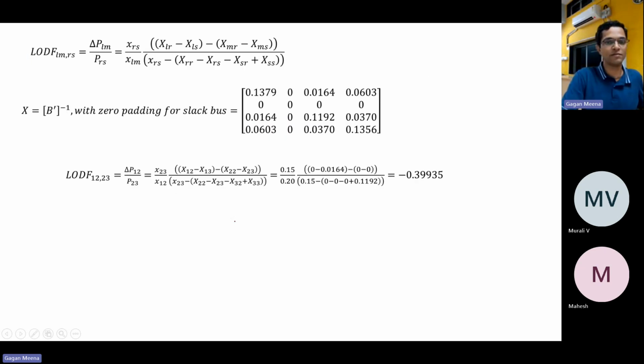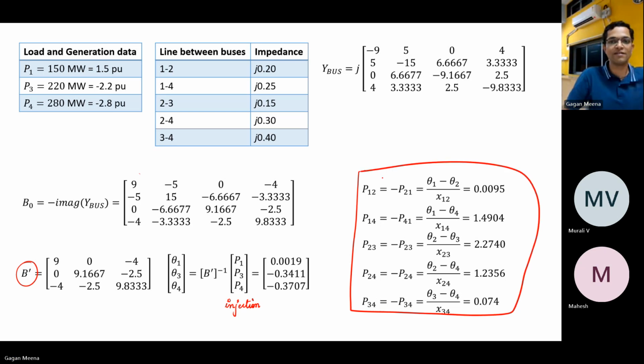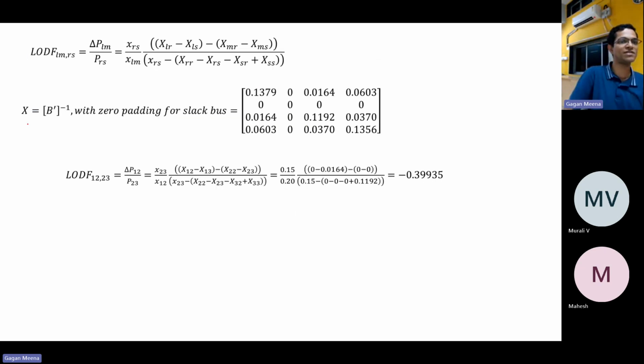Okay, so for LODF, this is not required. For LODF, B dash is the most important thing which is required, and its inverse is required. So first calculate B dash and then calculate the inverse of B dash. This is the X, but include the 0 also here, for the slack bus.